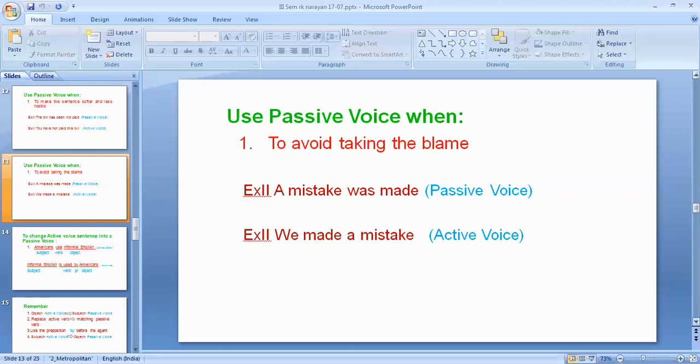We. So this sentence tells that the mistake was done by us. So the blame is on us, on we. So instead of taking that blame on ourselves, we can focus more on what happened instead of who did it. So a mistake was made. It is in passive. So to avoid the blame, we can use passive voice.